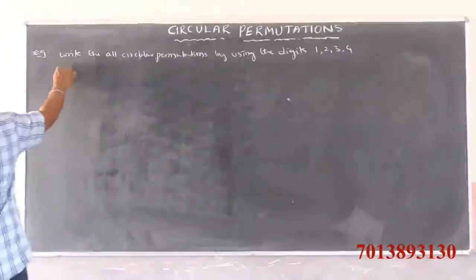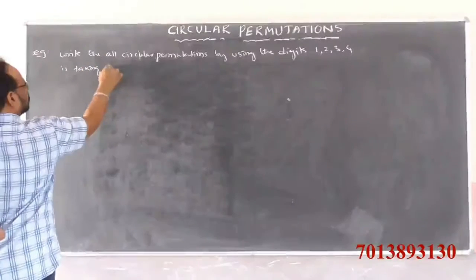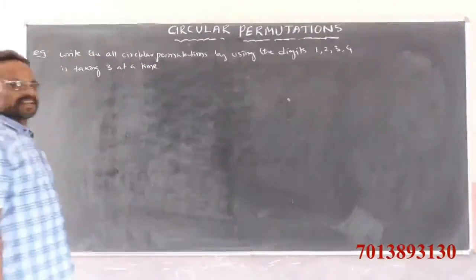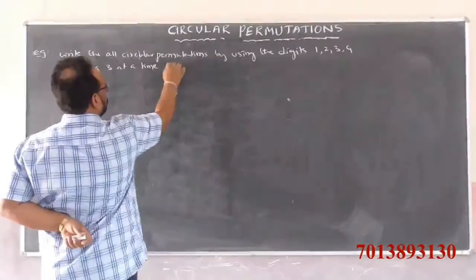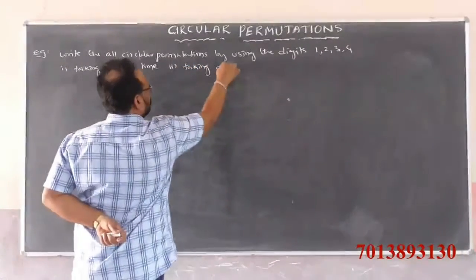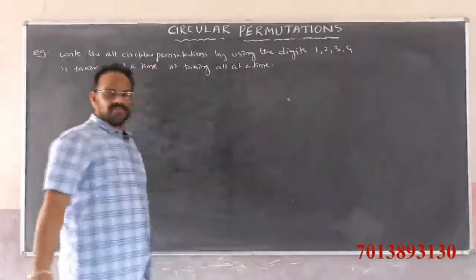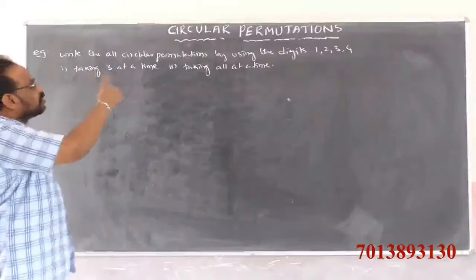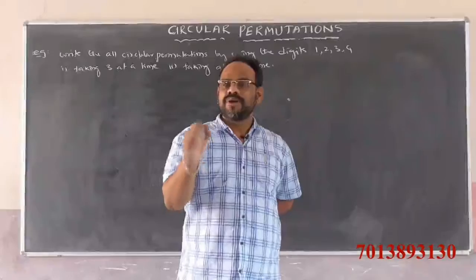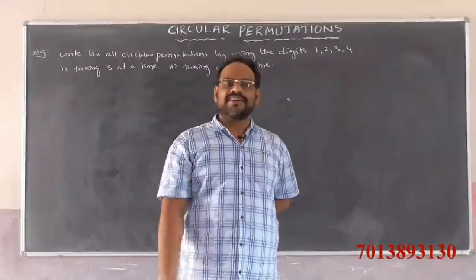In the first one, taking 3 at a time, and in the second one, taking all at a time. Write all the circular permutations by using the digits 1, 2, 3, 4, taking 3 at a time, taking all at a time.